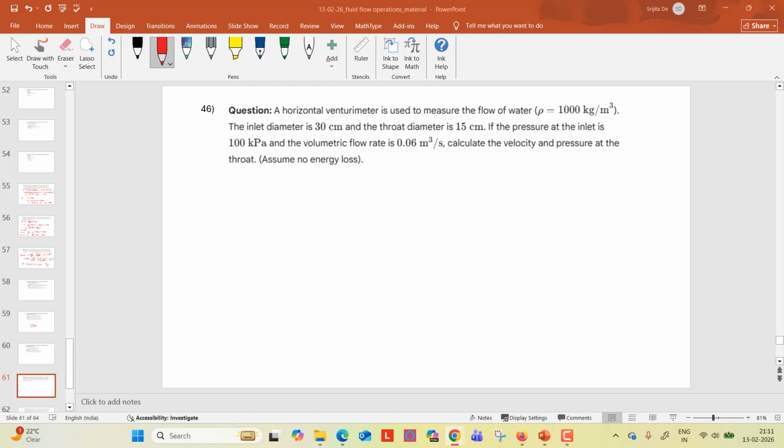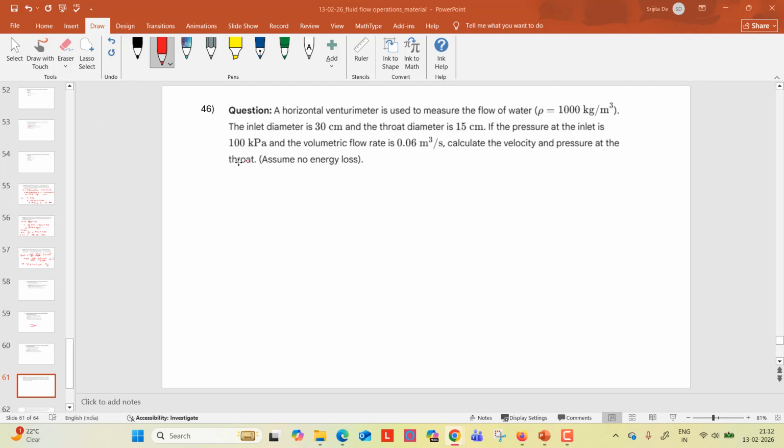If the pressure at the inlet is this and the volumetric flow rate is 0.06 meter cube per second, calculate the velocity and pressure at the throat. So you have to first calculate the velocity V1.